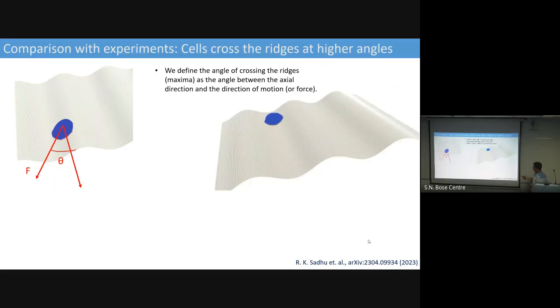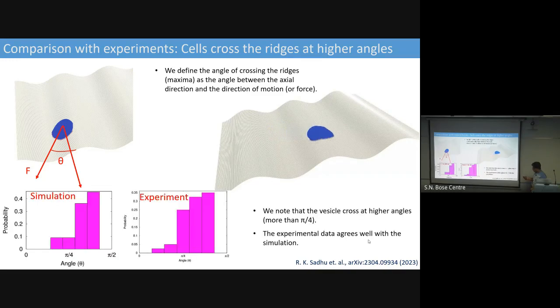Now, in the previous simulation, we see that they don't cross from one minimum to another because the size of the vesicle is very small, and this vesicle could not fill the other sign of the curvatures. Now, if we make it a little larger, it can also cross from one to the other. And if you do many such simulations and average the angle at which it crosses from one minimum to another, relative to the direction of migration or force and the direction of this axis, this angle will be larger.